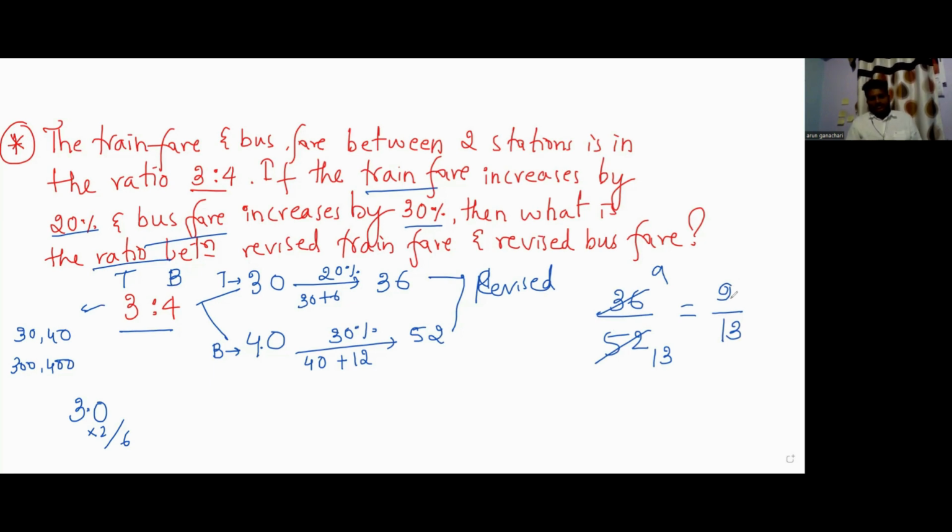Very easy, different kind of sum, but I think you can at least solve it when we get very similar sums. Whenever we get ratios, we'll assume the numbers because that's the easiest way to solve sums. So the ratio is given in the form of 3:4, so we took it as 30 and 40.